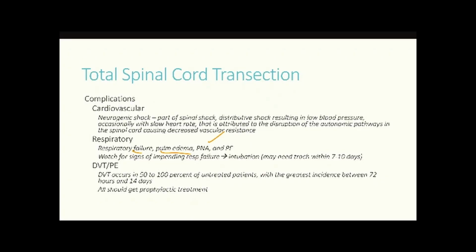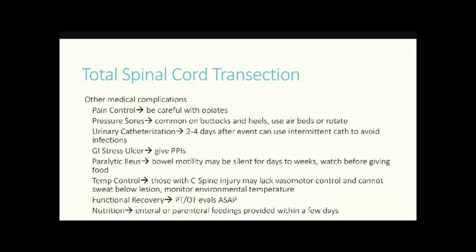They're going to be bedridden, depending on what's going on. A patient like this can develop clots very easily, and if you don't treat it, you can make your patient's prognosis a lot worse if you add a PE to the story on top of the spinal cord transection. So watch the cardiovascular response, watch the pulmonary response, make sure the breathing is controlled, and obviously watch for DVT-PE prophylaxis.